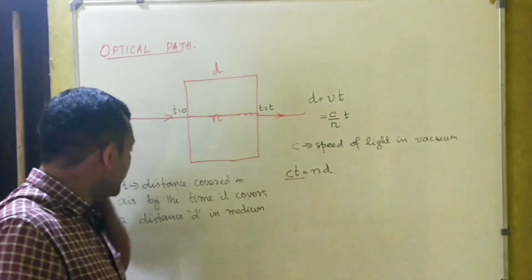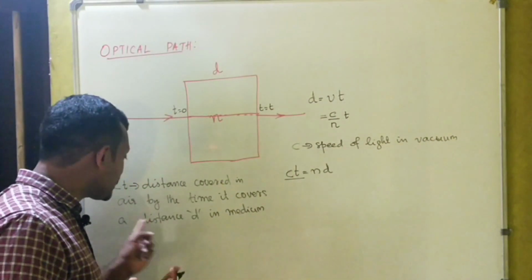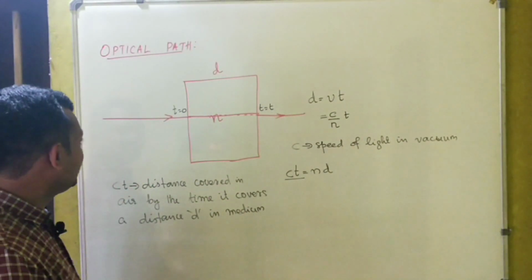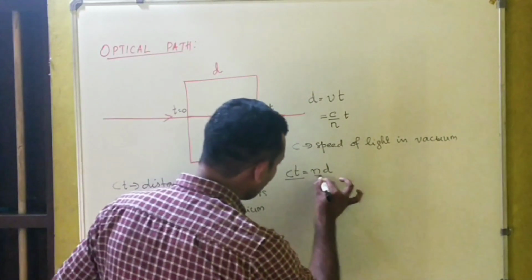It's a distance covered in air by the time it covers a distance D in the medium. So therefore, this distance is equal to N into D, right?